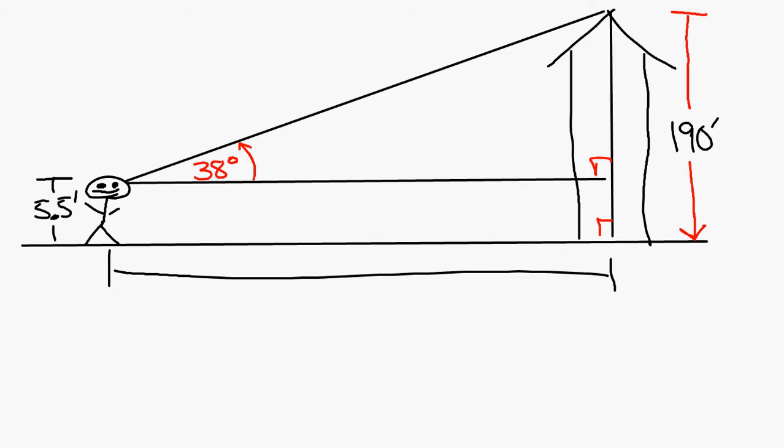When that happens, you have to take this 5.5 feet and you got to subtract it from this 190 feet. And that distance will represent this side, or the opposite side of this right triangle that you're working with. And it becomes 184.5 feet. It's the 190 minus the 5.5.